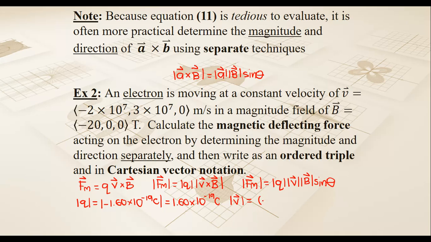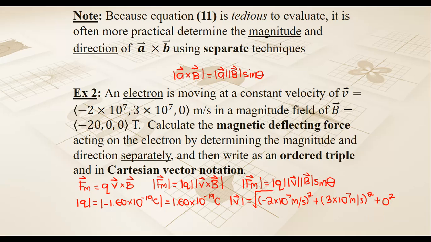So this would be negative 2 times 10 to the 7 meters per second, all squared, plus 3 times 10 to the 7 meters per second, all squared. And if you wanted to add the Z value, you could. It's just 0.